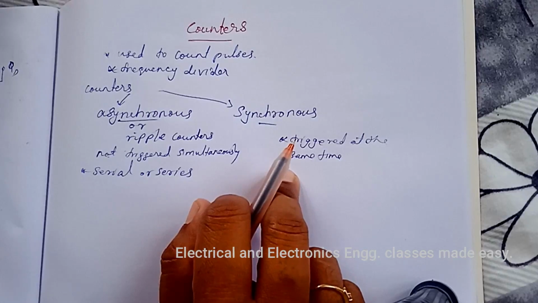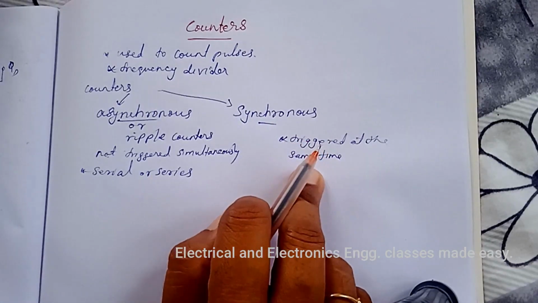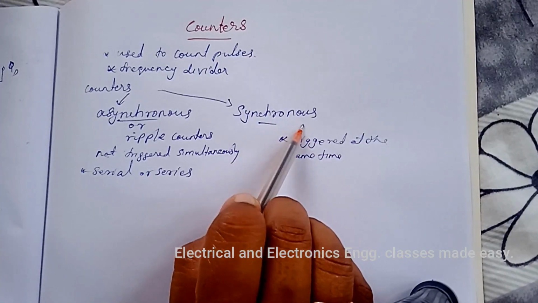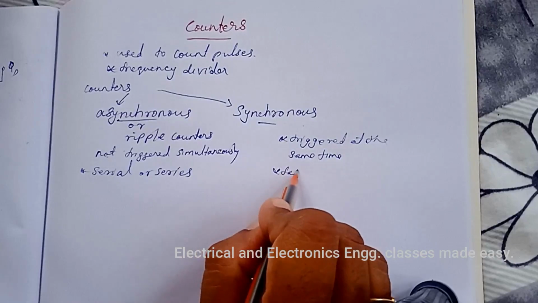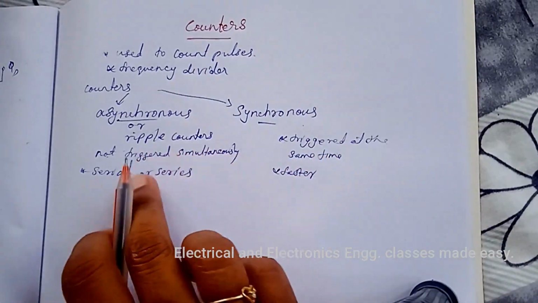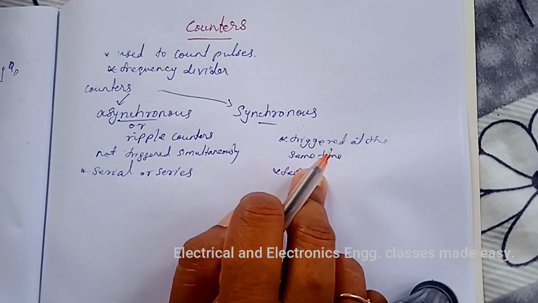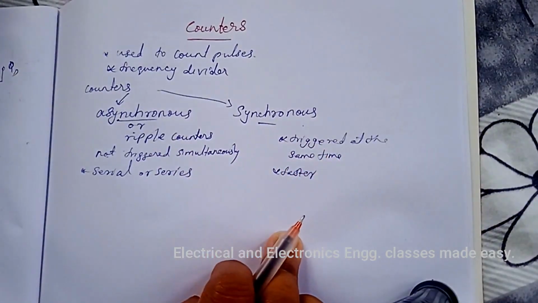This is accomplished by connecting the clock line to each stage of the counter. And synchronous counters are faster than the asynchronous counters because the propagation delay involved is less.